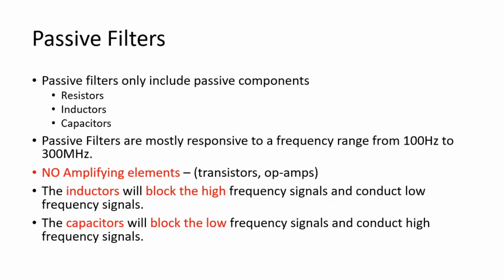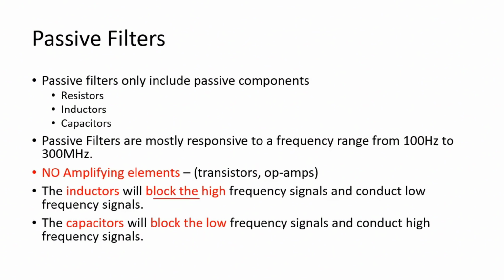To have a passive filter using RLC components, we need to get a normal idea about inductors and capacitors. Inductors will block the high frequency and conduct low frequency, and the capacitors will block the low frequency and conduct high frequency.